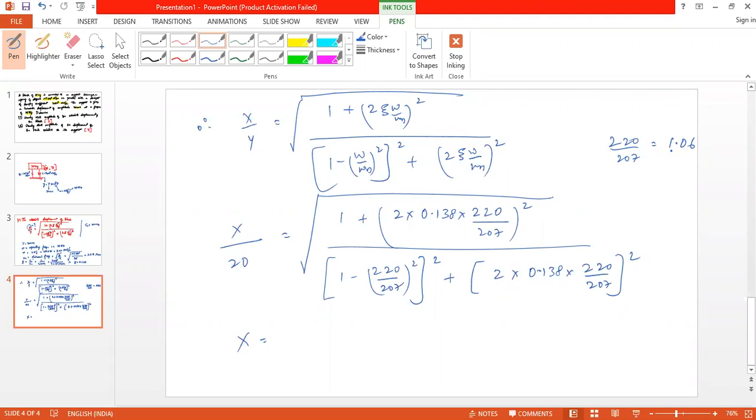So what is the answer? 3.24. So x by 20 is 3.24, so x is 64.83.